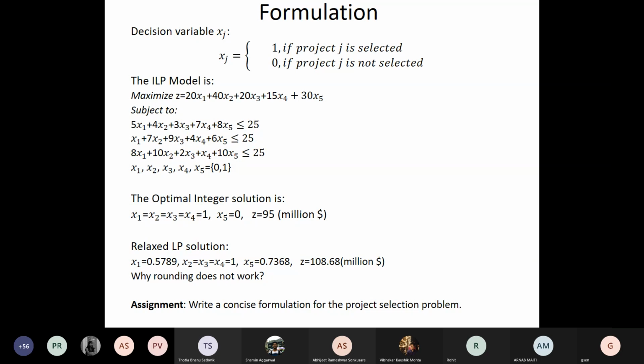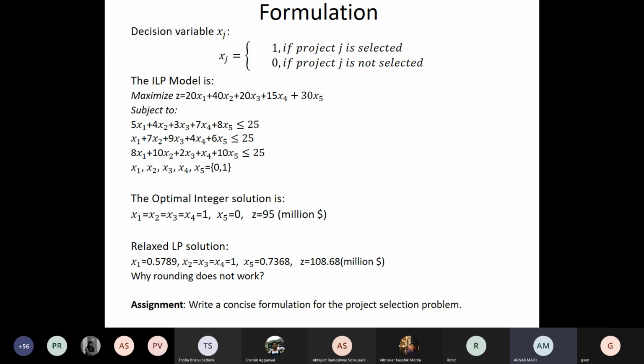So if you do that, what solution will you get? Suppose you do a simple round off to the nearest integer. What will be the solution from this LP? If you do nearest integer, then all variables will become 1.